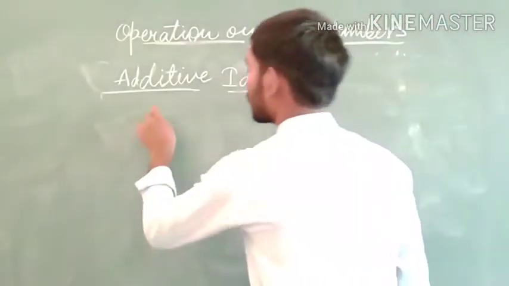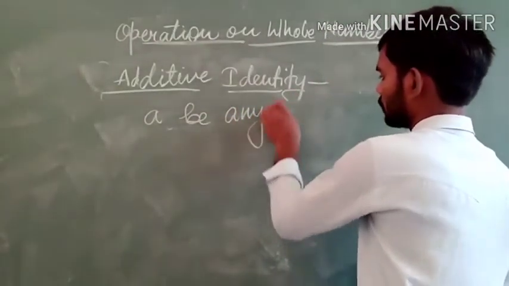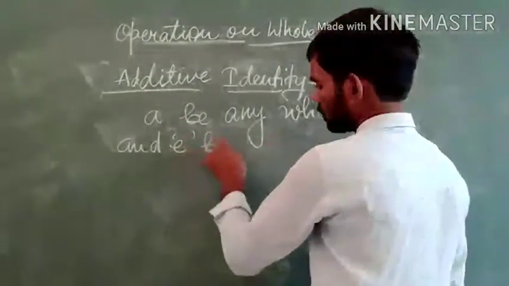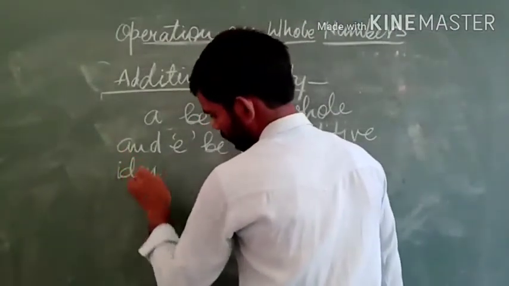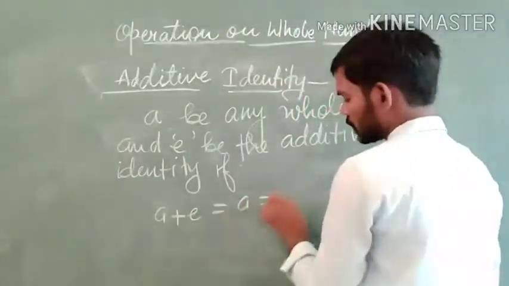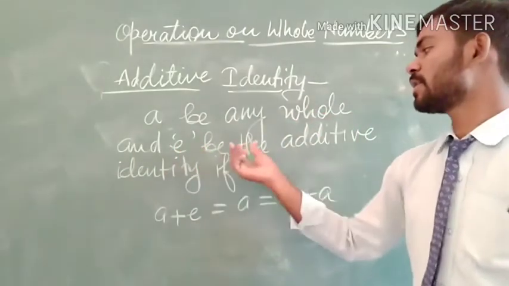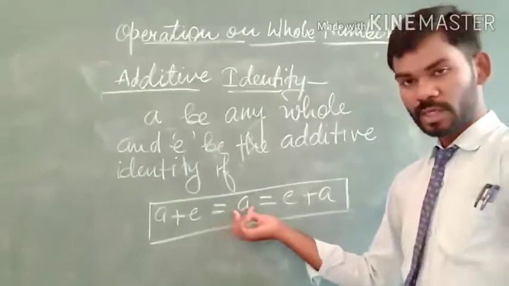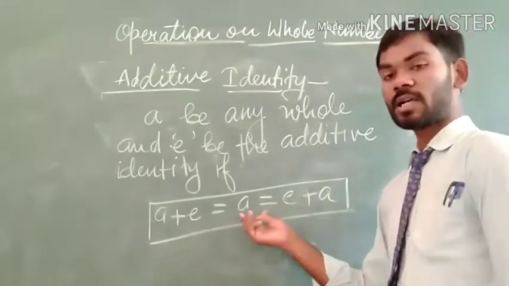For the general value, suppose A is any whole number and E is the additive identity if A plus E equals A, which is equal to E plus A. If A is any whole number and E is the additive identity, it satisfies A plus E equal to A, and if we change the order of A and E, the result will also be the same. Therefore, E plus A also equals A.